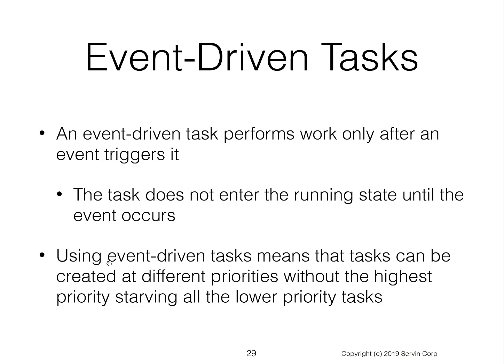So the deal is, using event-driven tasks means these tasks can be created at different priorities without the highest priority always taking up all the time. That is, if you had the highest priority and the other lower priorities and they were all always running, then the lower priorities would be starved for time because the highest priority would always be ready to run.